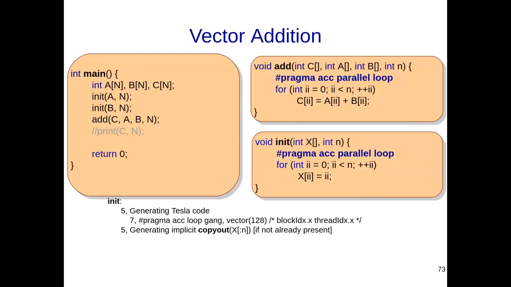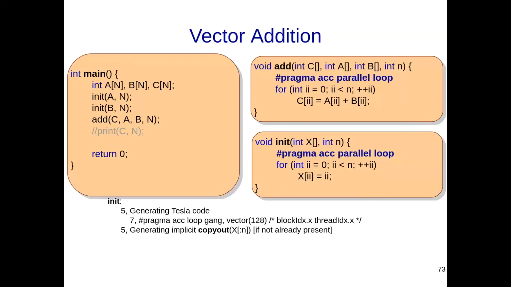Well, it is going to be either A or B. Which means that after A is initialized, it is going to get copied back to the CPU. After B is initialized, it is going to get copied back to the CPU. This is what this copy out is going to convey to us.